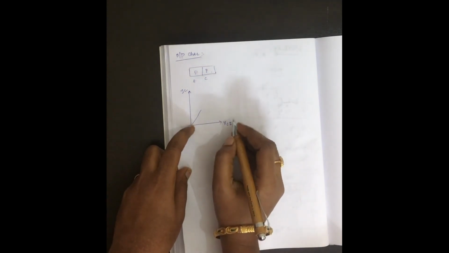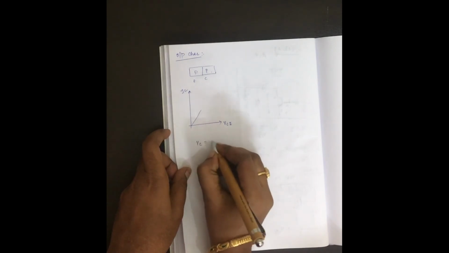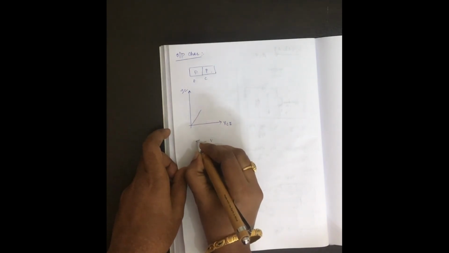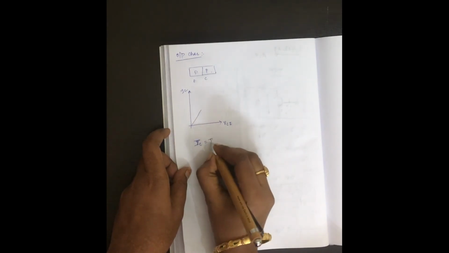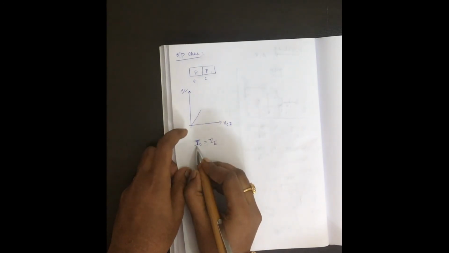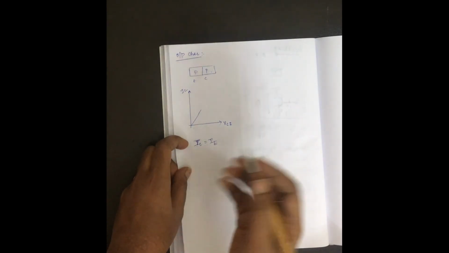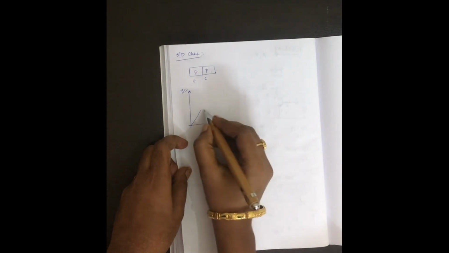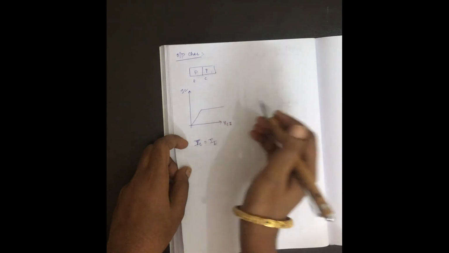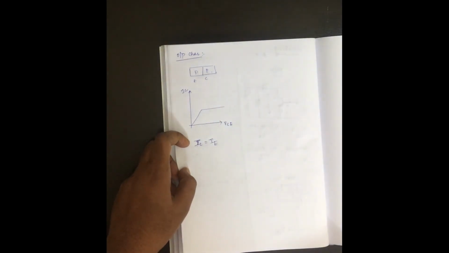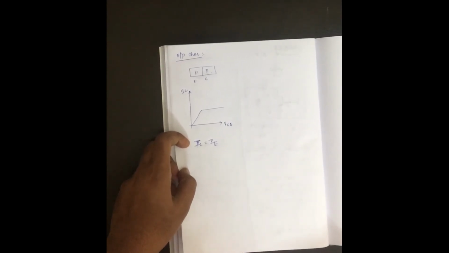When IC reaches IE, that is, if the collector has collected the entire emitter current, then it will become constant. Then whatever you increase the voltage, the collector current will remain constant. That's the output characteristic.